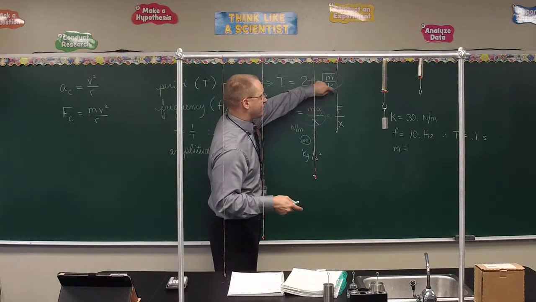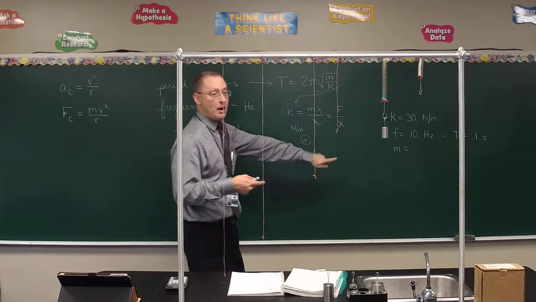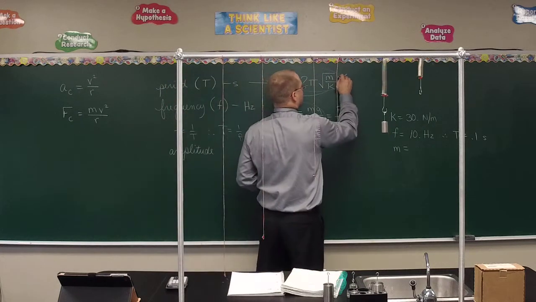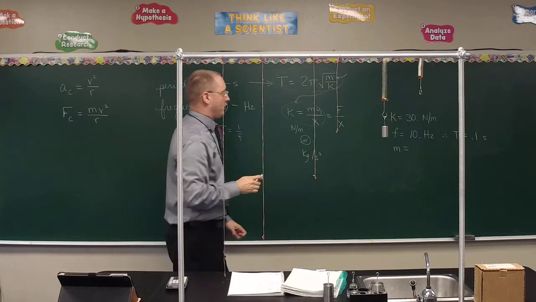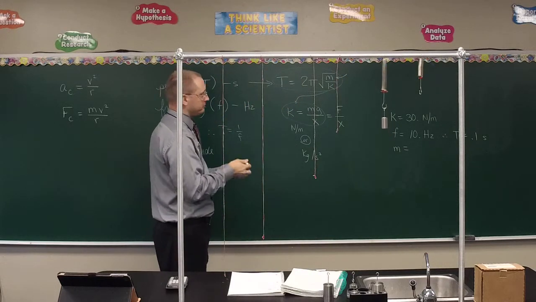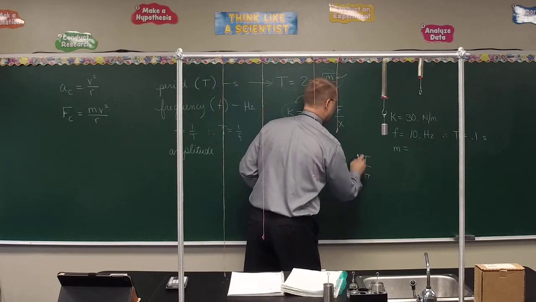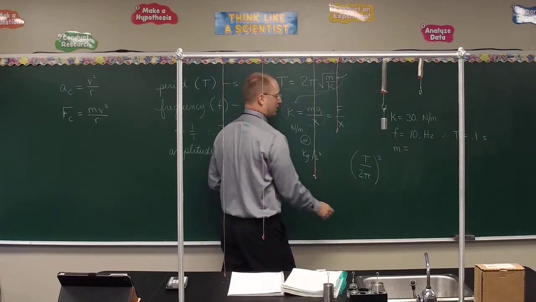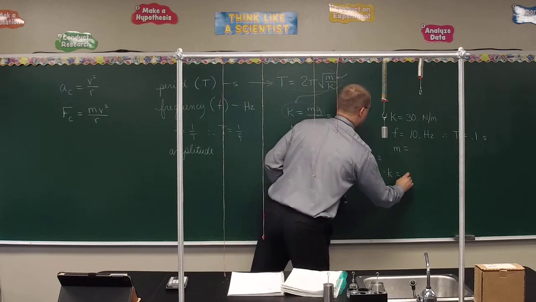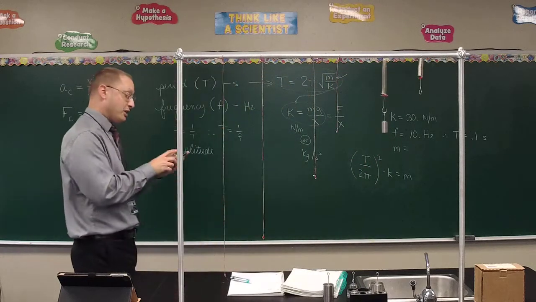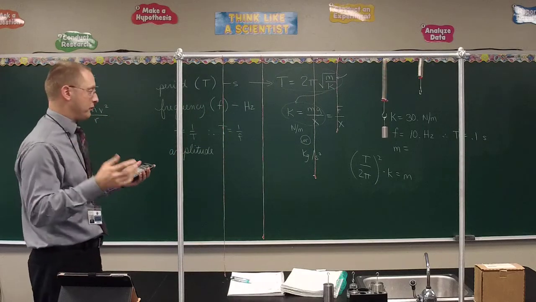I do know spring constant, and I wanted to find mass, and that was going to be the key to the problem. I need to rearrange the equation then to get the mass by itself. Audrey, what do we need to do? You'll do T over 2 pi squared times k. All right, so we'll take the period, which is 1/10 of a second, 0.1, or 1/10 as a fraction.